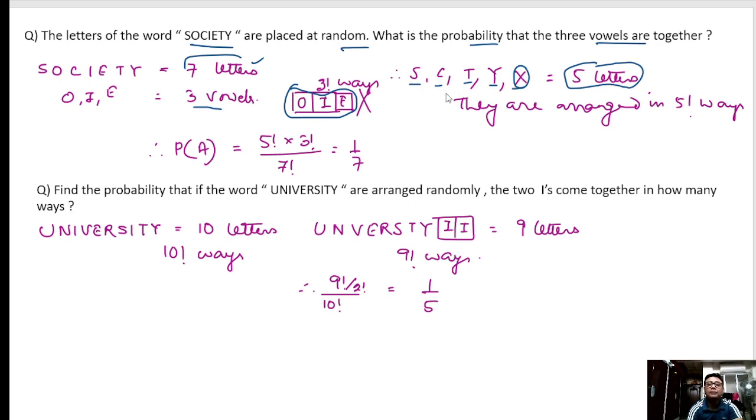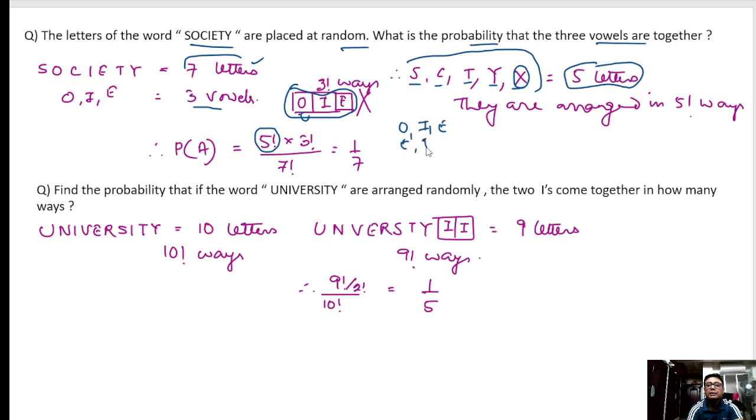So the X which carries 3 vowels will always be together. In how many ways can these 5 letters be arranged? Factorial 5 ways. And in that, the 3 vowels inside X can also be interchanged.